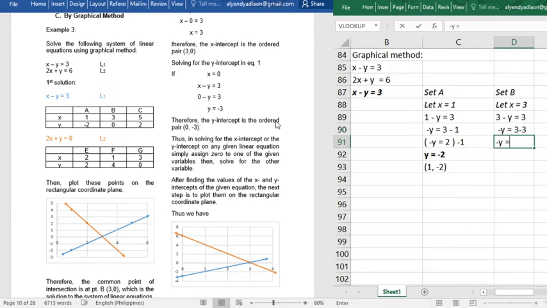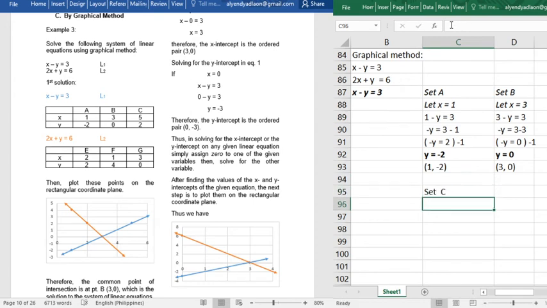Negative y equals 0. Now to make y positive, we are gonna multiply both sides by negative 1. So y equals 0. And so therefore, if x is 3, y is 0. That is our second set.